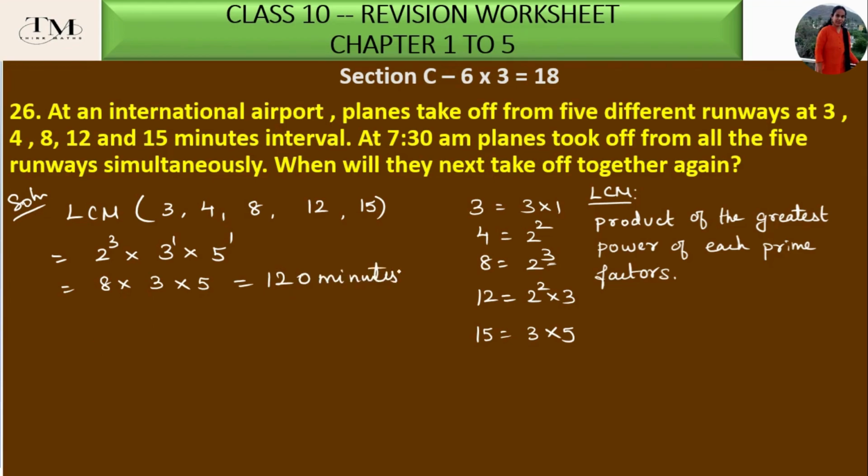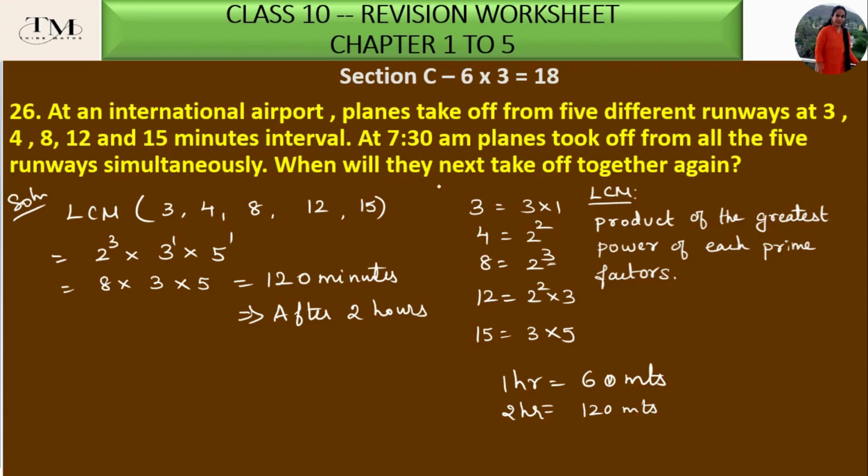So after 120 minutes, the planes will take off together again. 1 hour equals 60 minutes, so 120 minutes makes 2 hours. That is, after 2 hours, the planes will take off together again.